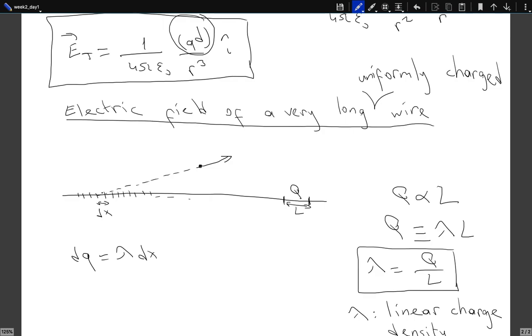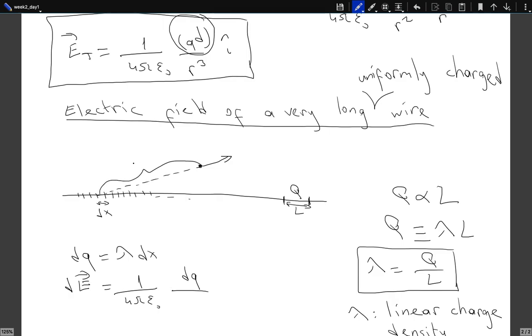This is the charge of this very small segment, so the electric field created will be very small. That's why let me also put a different d sign over there, dE. This will be equal to 1 over 4 pi epsilon 0, multiplied by the charge creating the electric field, which is just dq, divided by the distance of the charge from the point at which we are evaluating the electric field.